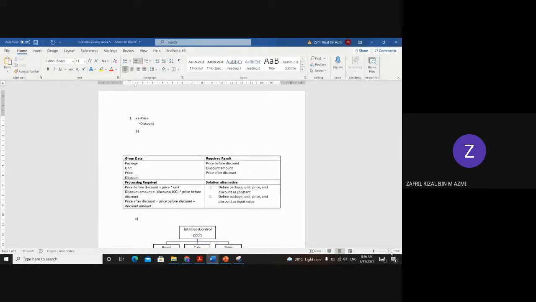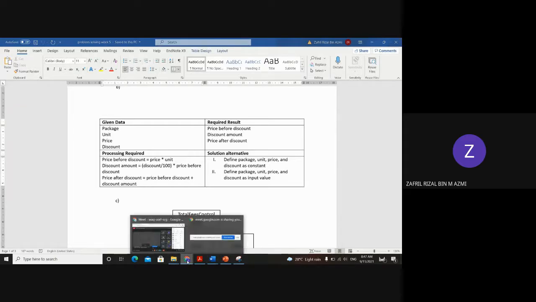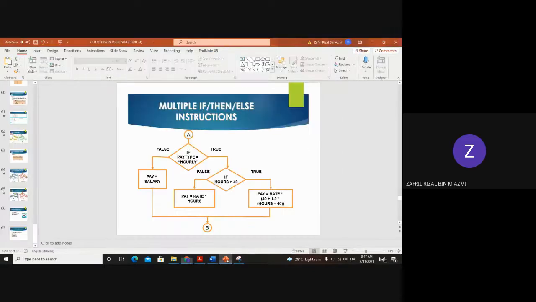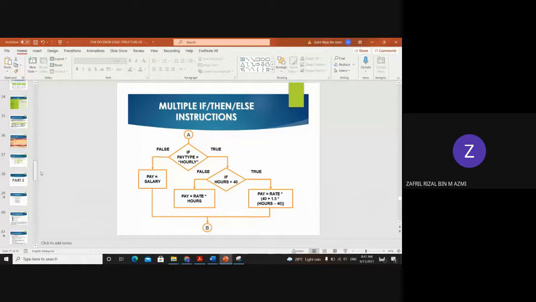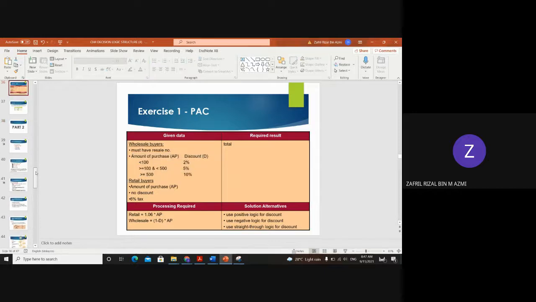Okay, this is a good example of a common mistake. Make sure if it is a decision, you put the decision in the PC chart. Either you put it over here in the given data, in terms of a table, where you list all the conditions available, or you put it in the processing required in terms of something like the algorithm.